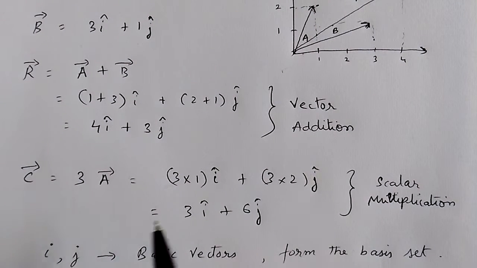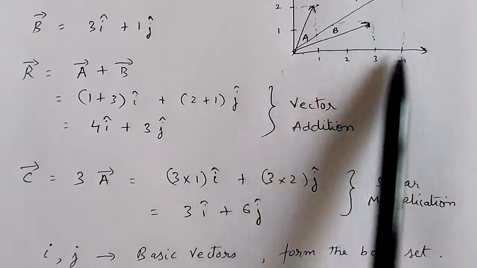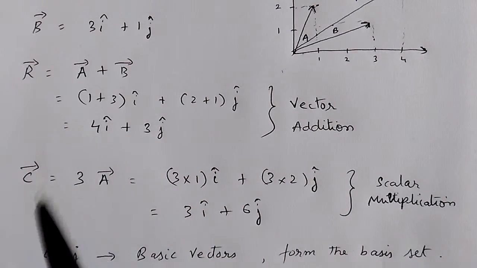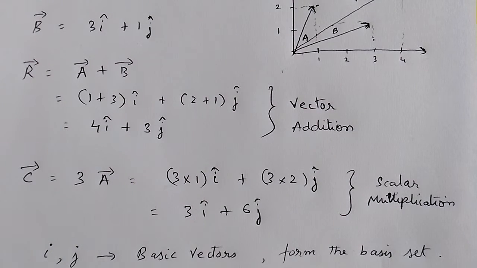Basis vectors are those vectors using which you can represent every other vector. They form what is known as the basis set, the collection of all the basis vectors. And i and j cannot be represented in terms of each other because they are completely independent of each other, but all other vectors can be represented with respect to i and j. So that's something you need to remember about basis vectors.